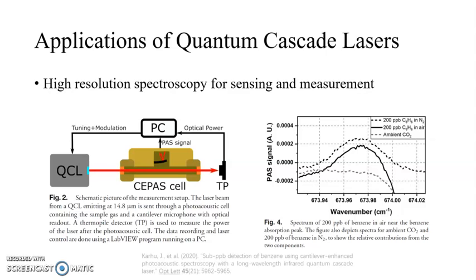The quantum cascade laser emitting at the wavelength of 14.8 microns is used as the light source, of which wavelength contains the strongest vibrational band of benzene. The photoacoustic signal is shown on the right, comparing with the signal of the nitrogen and the carbon dioxide.